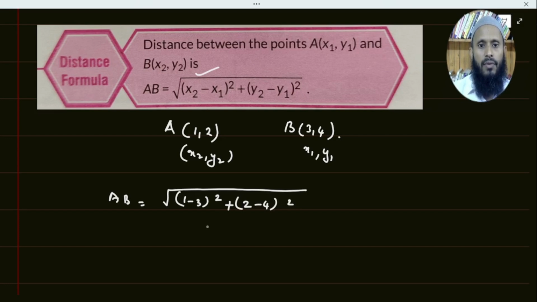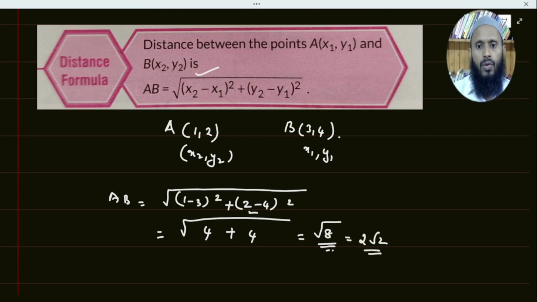This is how I have to calculate it. 1 minus 3 is minus 2 and the square of minus 2 is plus 4, plus 2 minus 4 is minus 2 and the square of minus 2 is again plus 4. So this is nothing but root of 4 plus 4, which is root 8, which is also equal to 2 root 2. So this is 2 root 2 units, the distance between the points A and B.